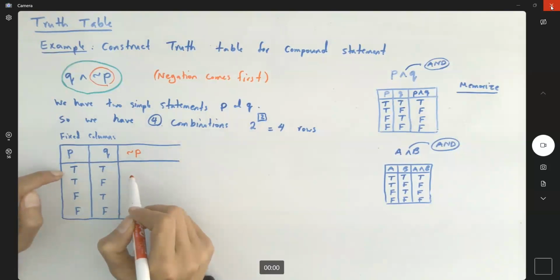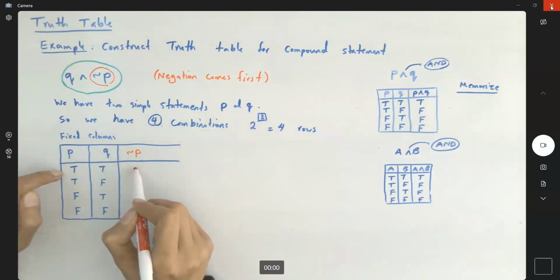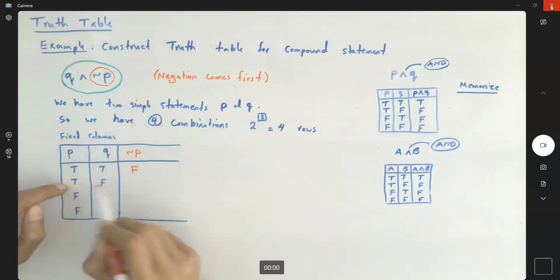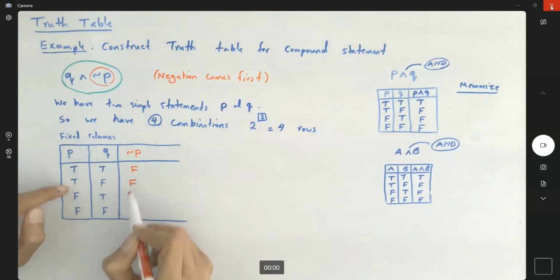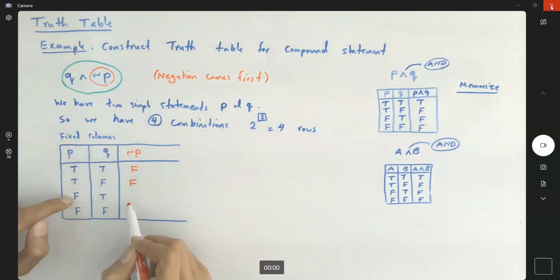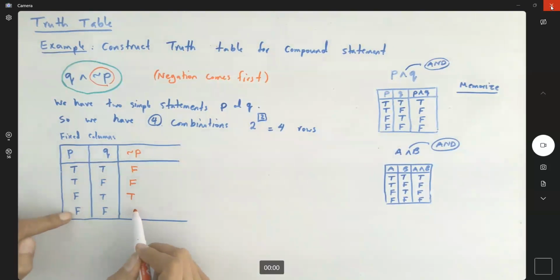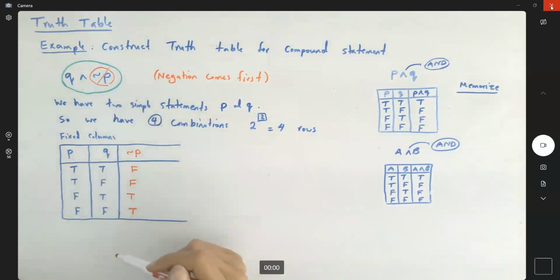P is true, not true is false. P is true, not true is false. P is false, not false is true. P is false, not false is true. So we constructed not P.